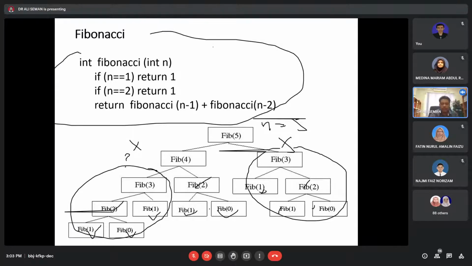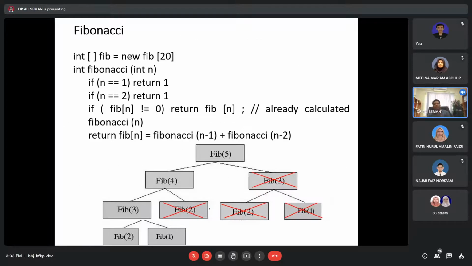So from this design technique, we take care of this overlapping by using this array, where we have 0 and 1, and we check if Fibonacci of n is not equal to 0, return the already calculated value.